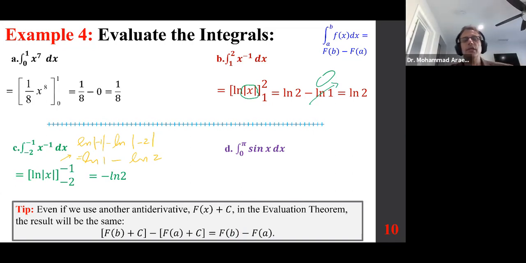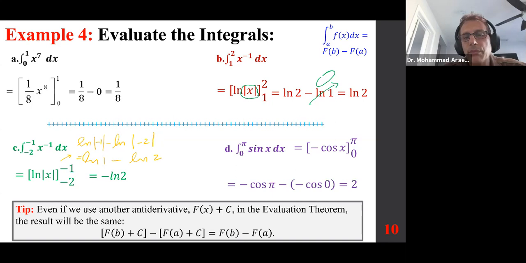We want to evaluate the integral of 0 to pi sine x dx. The derivative of sine is cosine, but the integral of sine is negative cosine. So we are going to plug in pi as the upper limit. So minus cosine pi minus, then we plug in the lower limit 0.